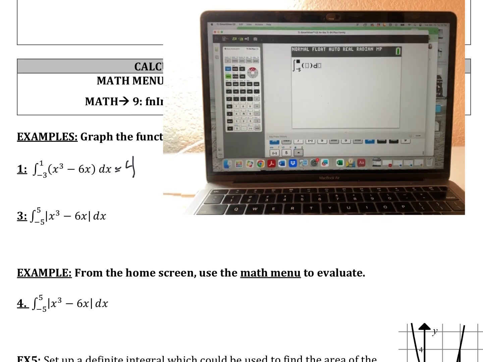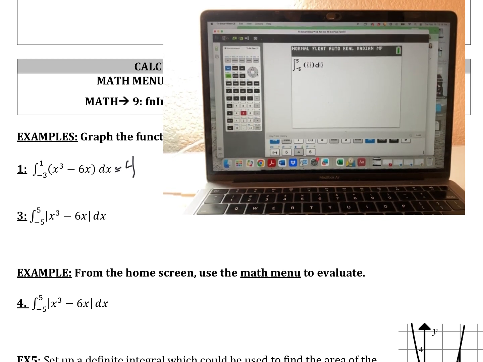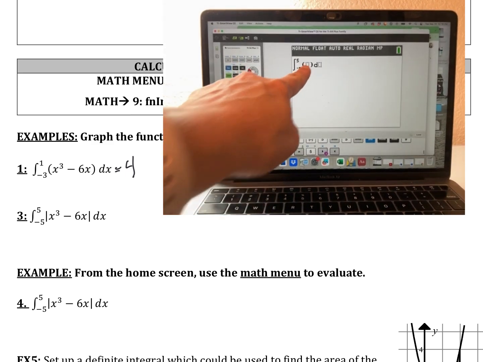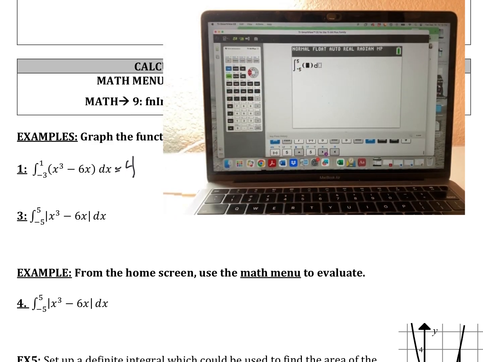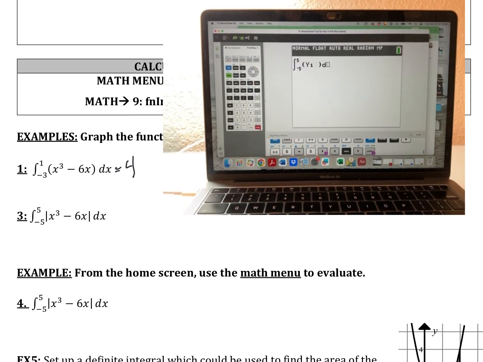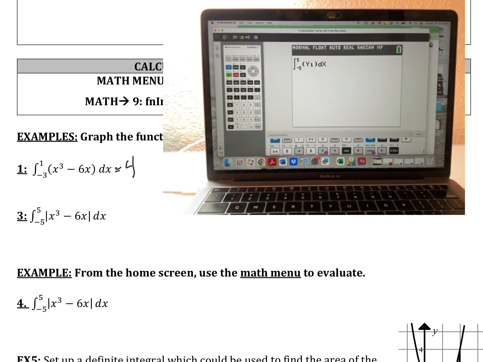So I'm going to go from -5 to 5. And then rather than retyping the function in here, I'm just going to choose the variables, go over to y variables, function y1, and then I'm going to tell it to take with respect to x. And then I'm going to hit enter.